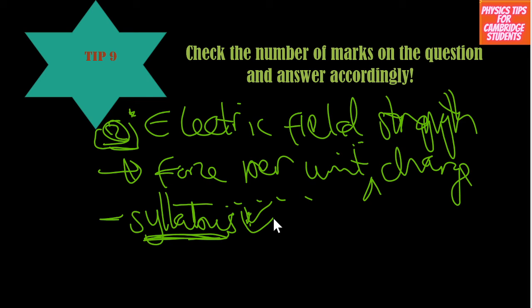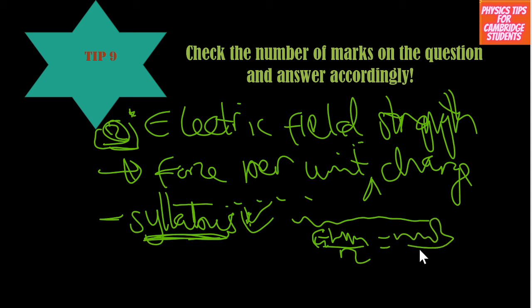So if it's a question on gravitational fields, the explanation there will say that gravitational force provides a centripetal force. That will be your first statement. And then you go on to say gravitational force, GMm over r squared, is equal to m omega squared r, like that. So you first start with the statement, gravitational force provides centripetal force, and then you write GMm over r squared is equal to m omega squared r.